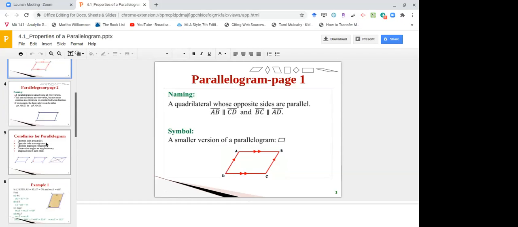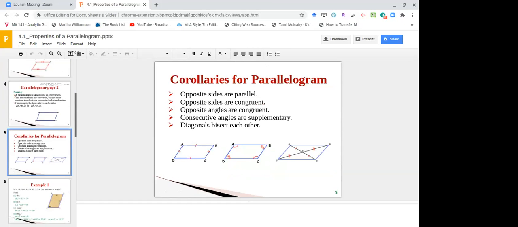And it turns out that on a parallelogram, both sets of opposite sides are parallel, and they're also congruent. So in this picture, AB is congruent to CD.